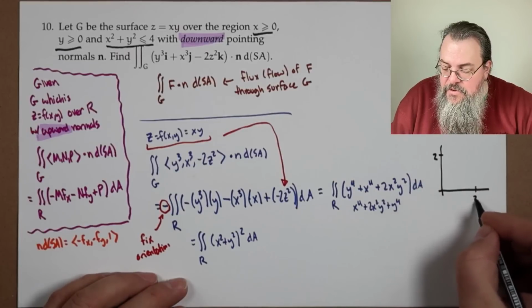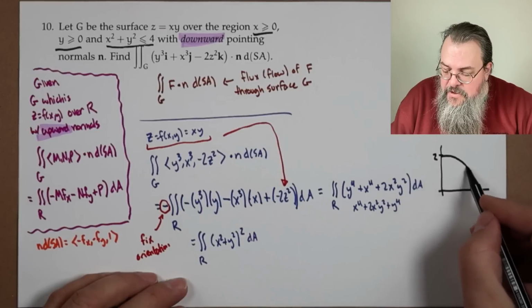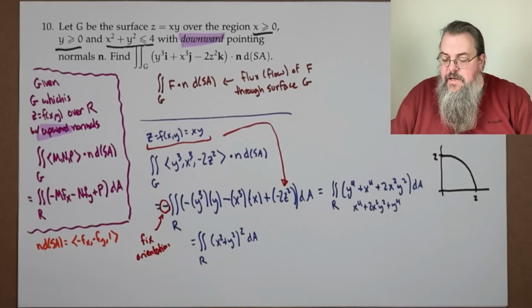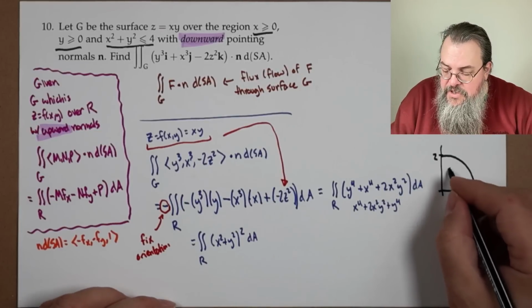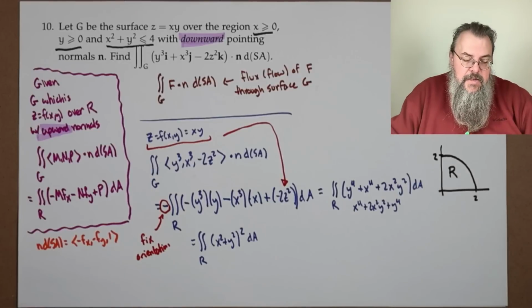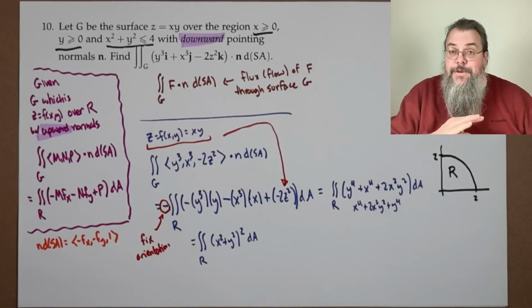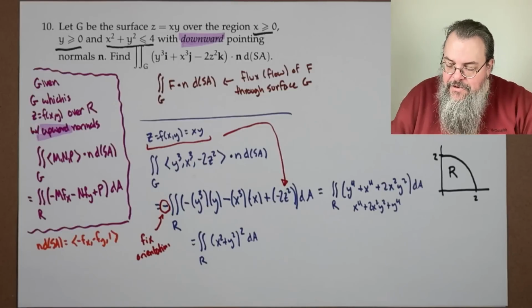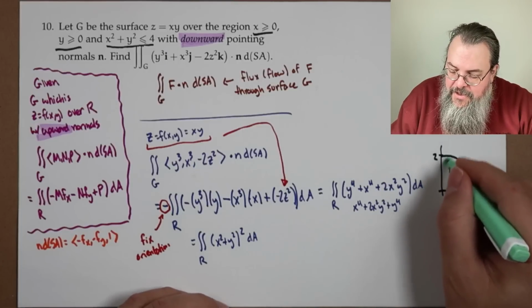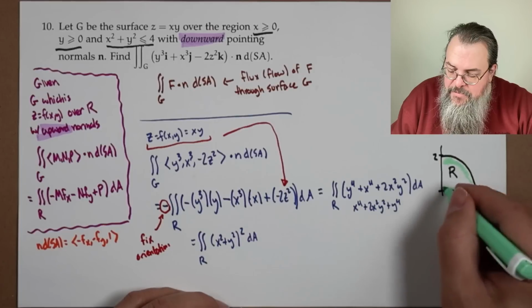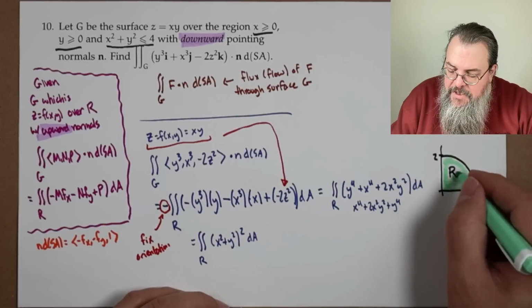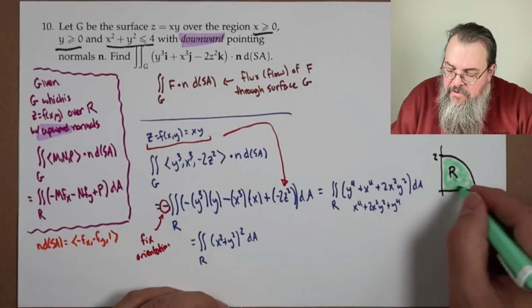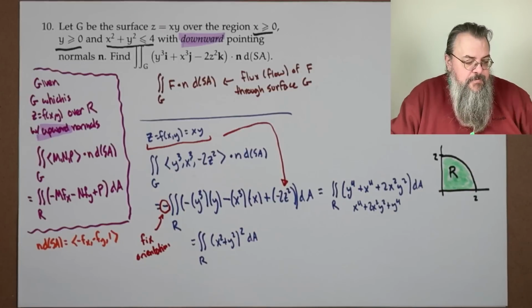So you go out 2, you draw a quarter circle, and you say, okay, here's our region R. And great, this is perfect for polar, right? Our region has a nice description in terms of polar. Our function has a nice description in terms of polar. Everything's coming up polar.